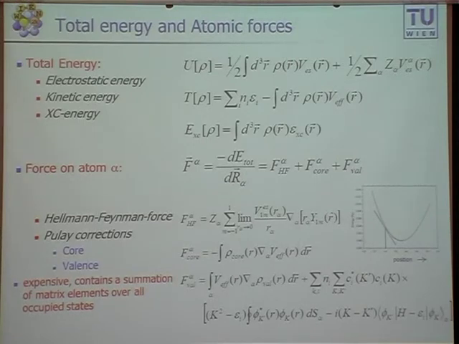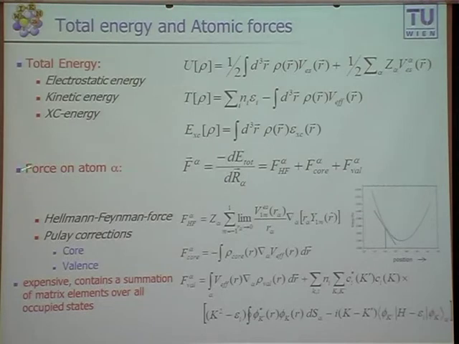Now, in one dimension, that's trivial. We could just do a second calculation and would know if the energy goes up or down. But think of 100 atoms, 3 coordinates. We have 300 degrees of freedom. So actually, we need these forces to optimize all these 100 atoms. Otherwise, no way to do this.